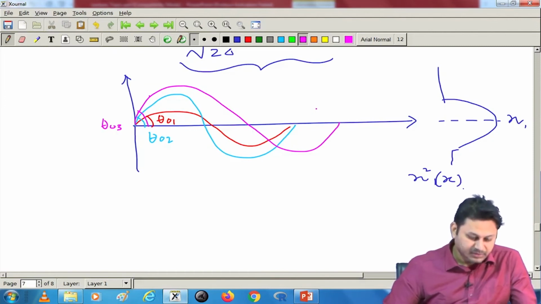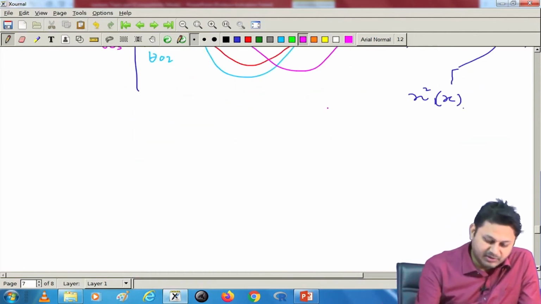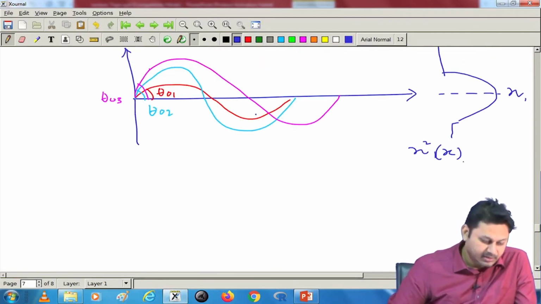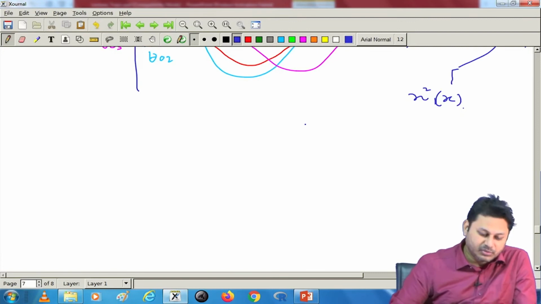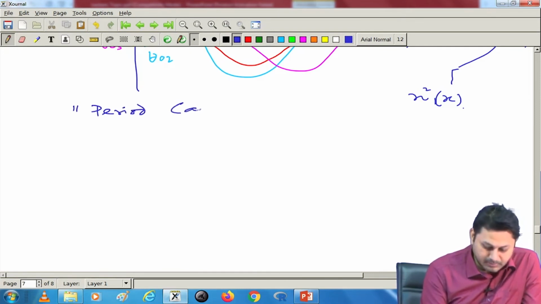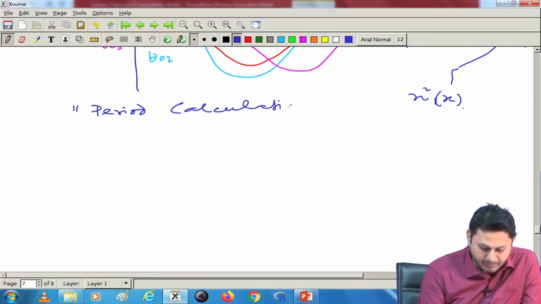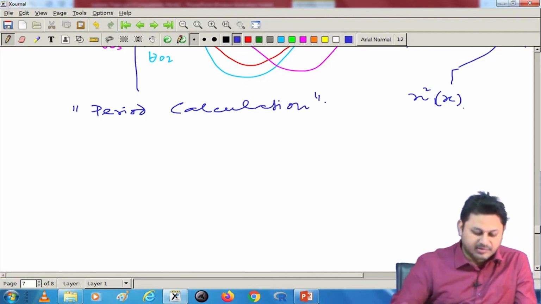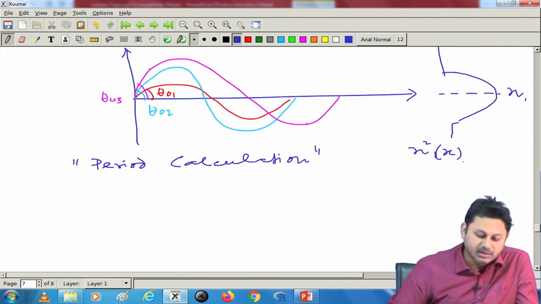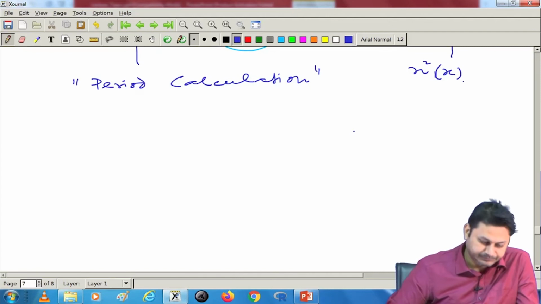So, let us try to find out the period, because I drew that just to show how this thing will look like, but at the same point we have to be careful about the period. So, period calculation: the period of the sinusoidal path I need to calculate, what should be the period, then I can rectify this.